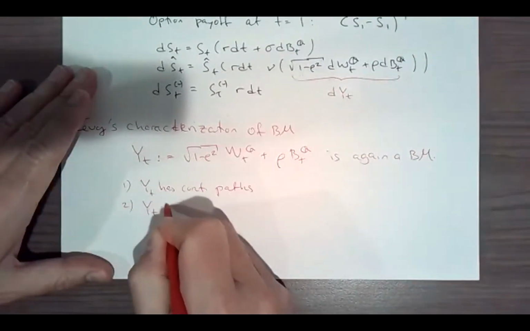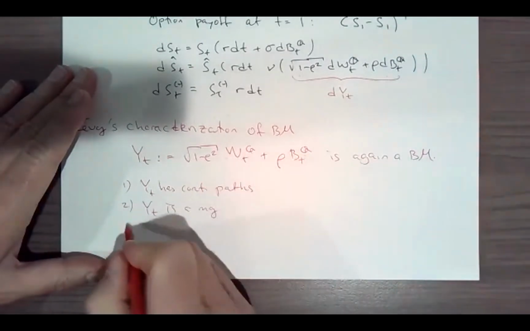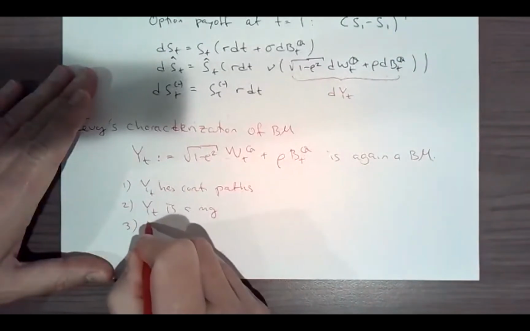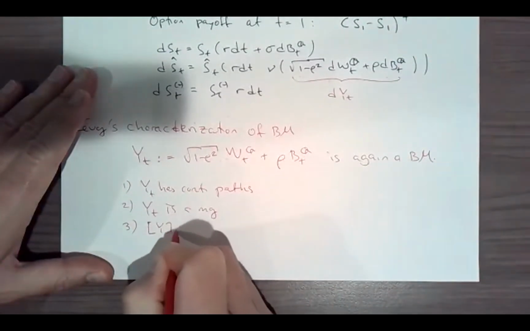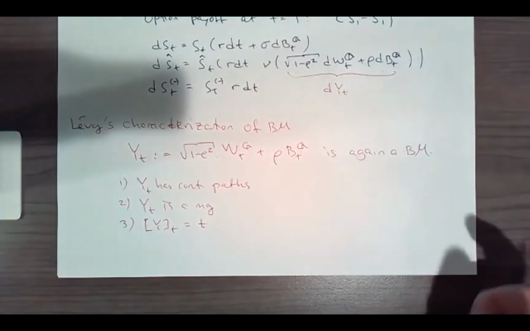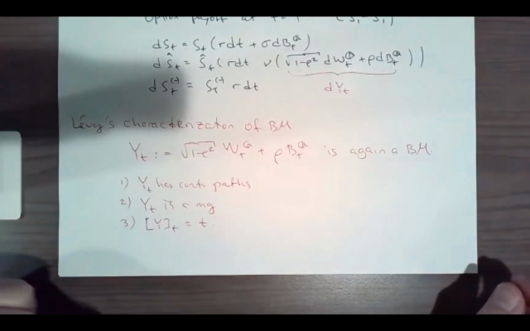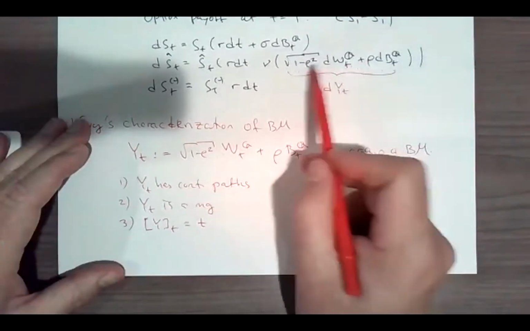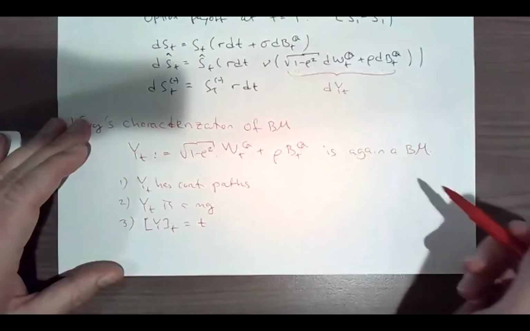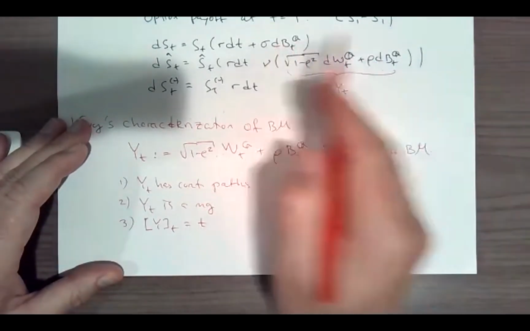So it has continuous paths. It's a martingale. And the third one is that the quadratic variation of Y is t. So this is the characterization of Brownian motion. An object is a Brownian motion if it satisfies the three properties 1, 2, and 3. So this is why you see this particular structure here. And rho here is what will control the correlation.